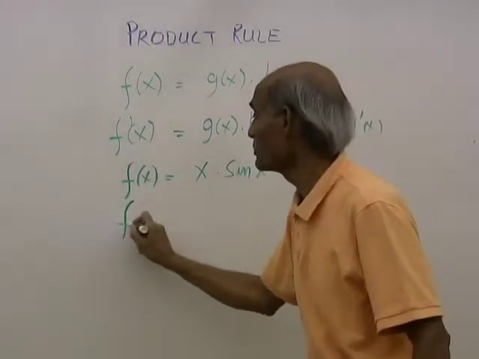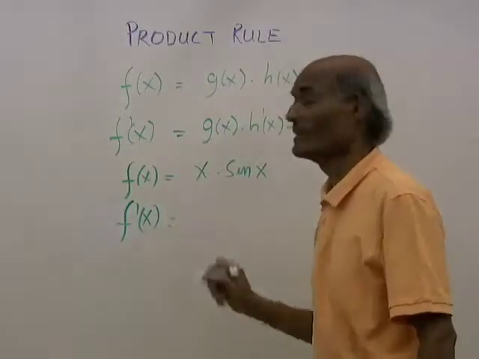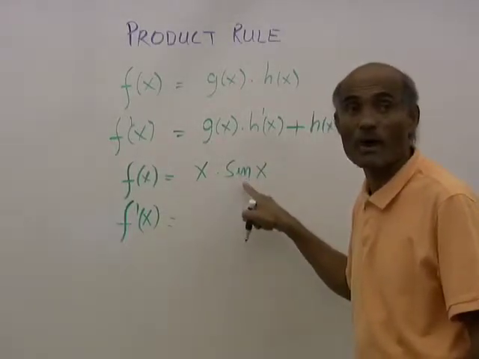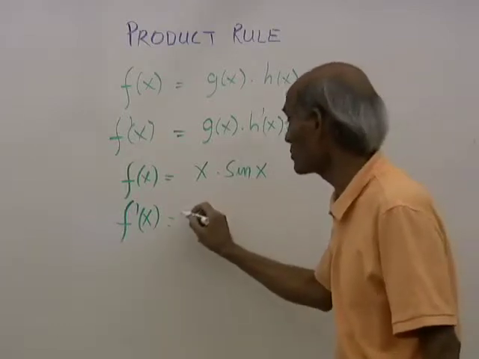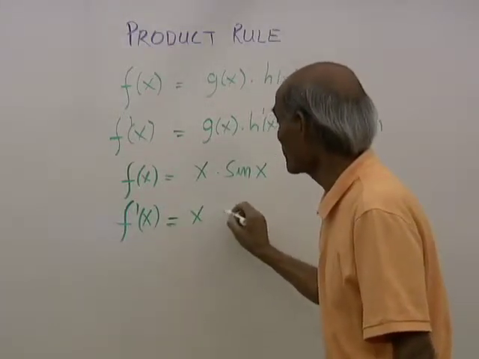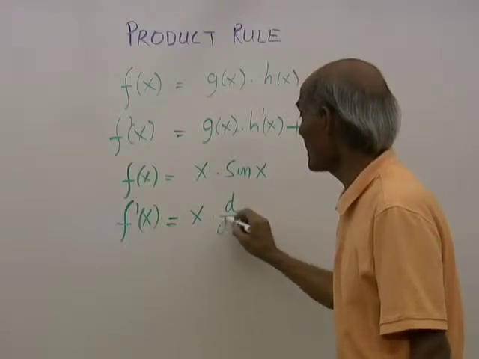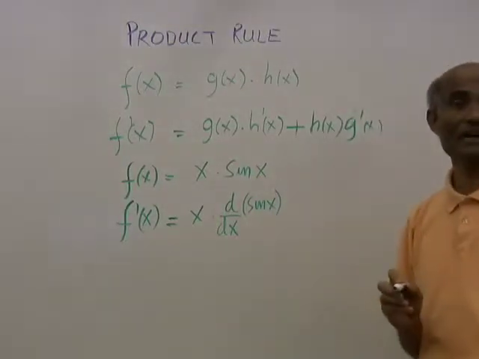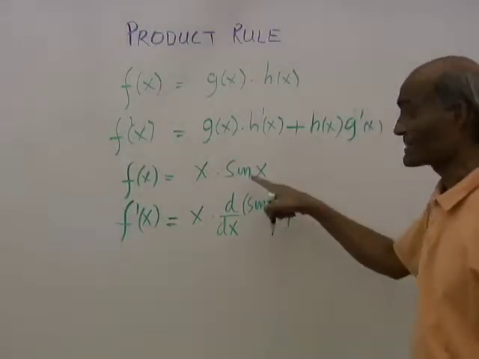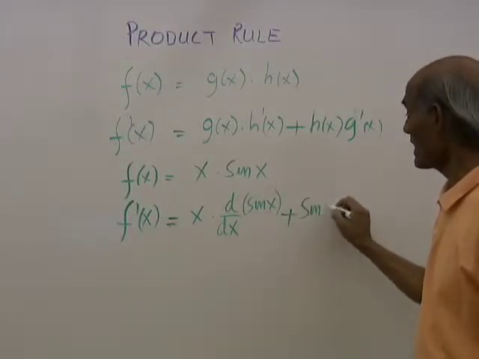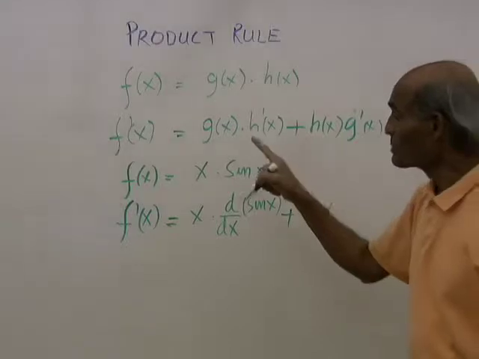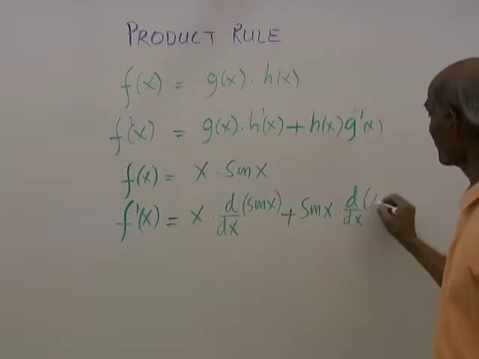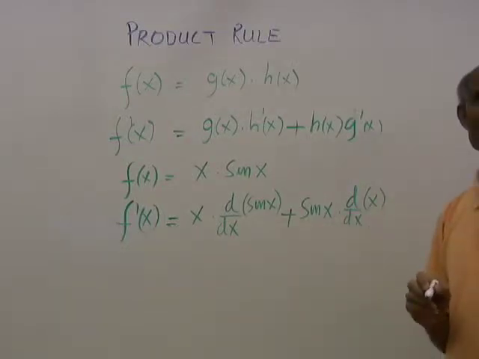How do you find the derivative of this function? F prime of x equal to the first function multiplied by the derivative of the second function. Now I'm going to write it like this: x multiplied by d by dx of the second function, d by dx of sine x, plus the second function, which is sine x, multiplied by the derivative of the first function, d by dx of x.